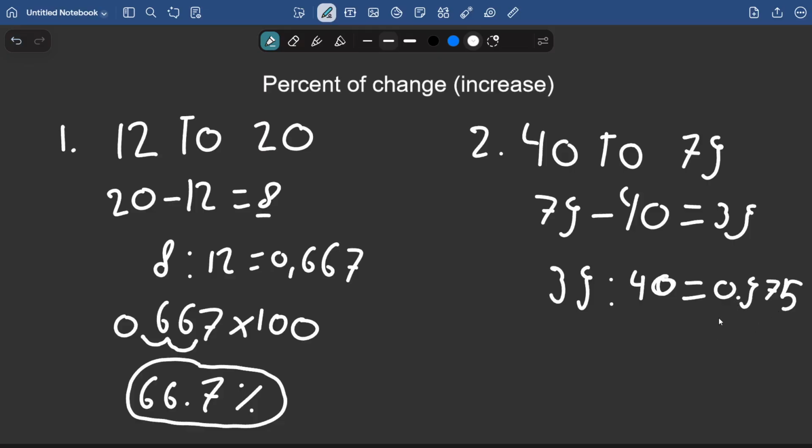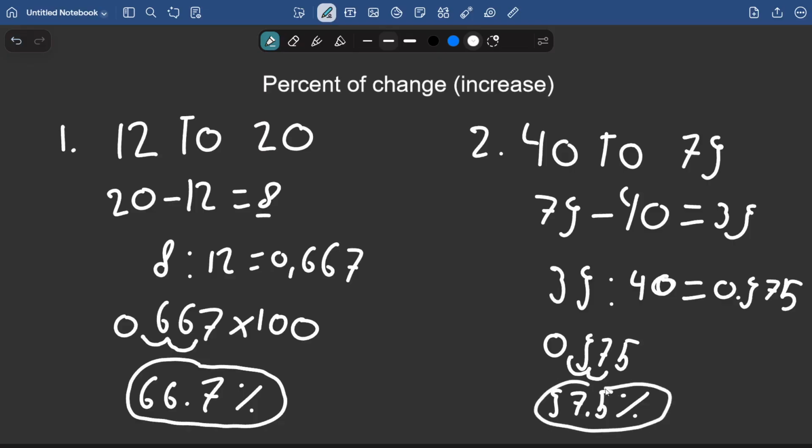So here we got our decimal number, and what we do with the decimal now is multiply it by 100. So 0.975, move the decimal two places to the right, and then we get 97.5%.